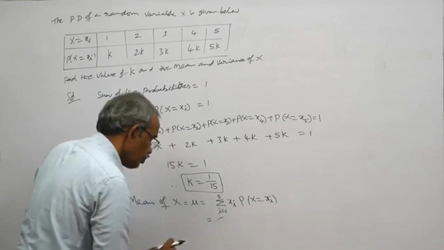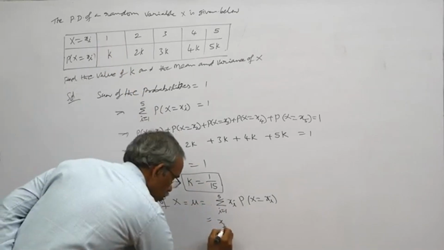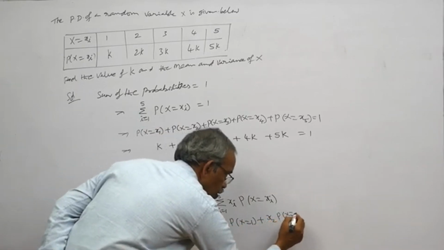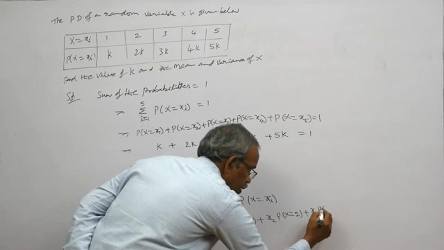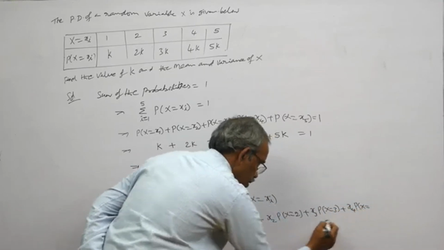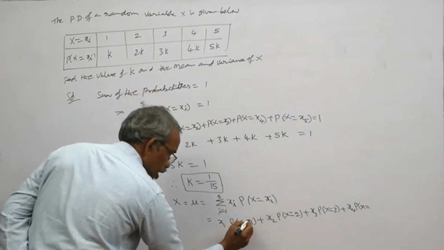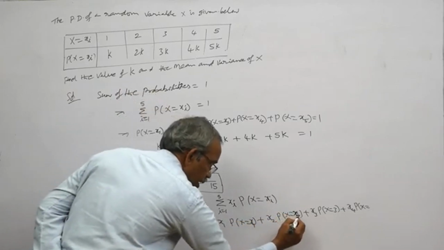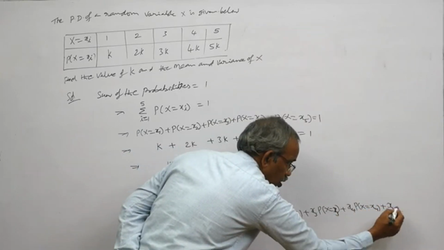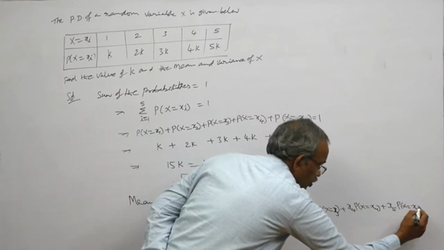Here xi means x1 is equal to 1. x1 into probability of x equal to 1 plus x2 into probability of x equal to 2 plus x3 into probability of x equal to 3 plus x4 into probability of x equal to 4, and the last value x5 into probability of x equal to x5.